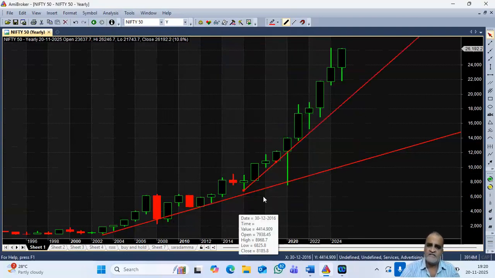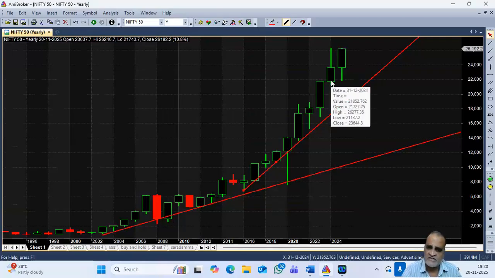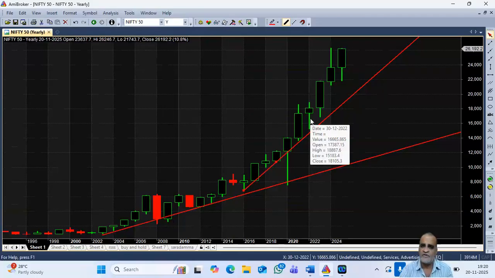Right. Now you can see. And as I told you, they started moving towards left, so it indicates bullishness. So this is the year 2024. It started moving out from 2022 onwards. It started slowly moving towards left.